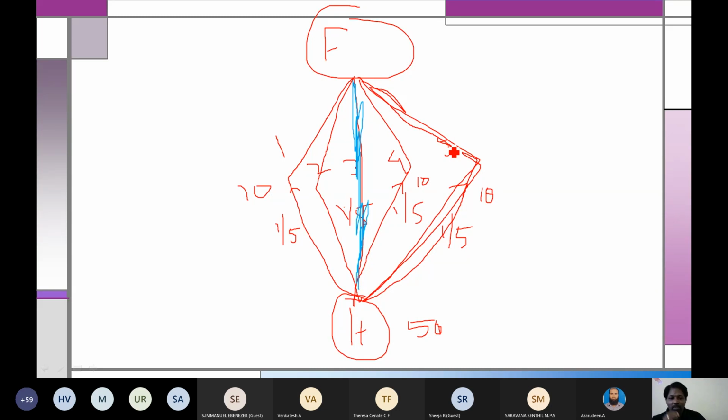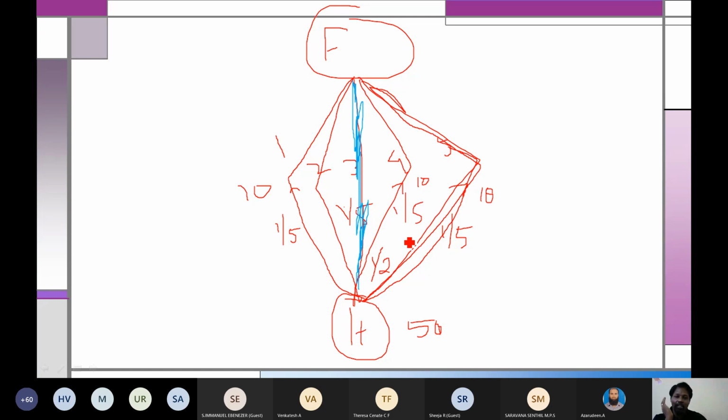But in the second iteration, the probability will change. With respect to the pheromone content, we will calculate the probability. Instead of 1 by 5, the probability in the third path may change to 1 by 2. I'll show you that calculation when I show the equations.